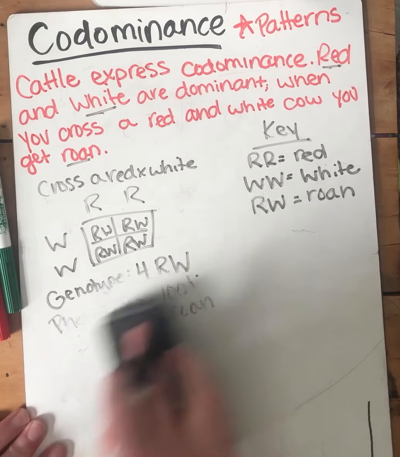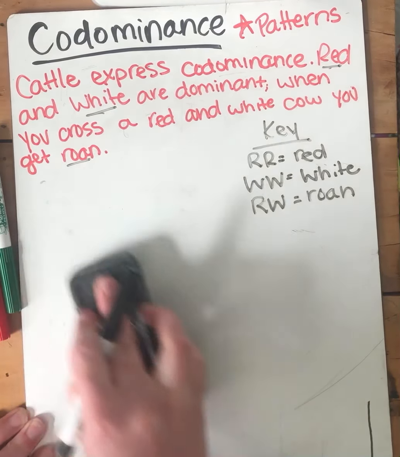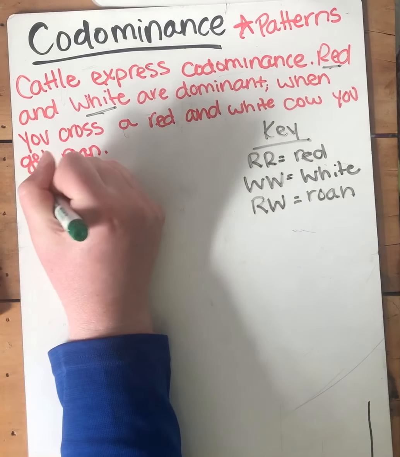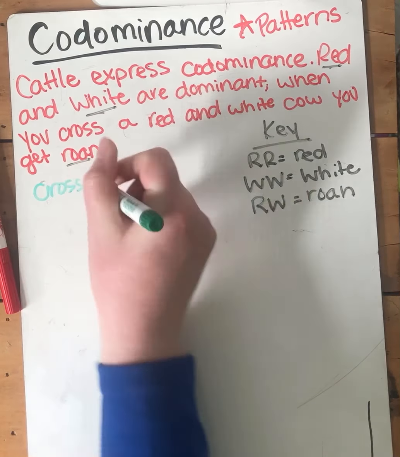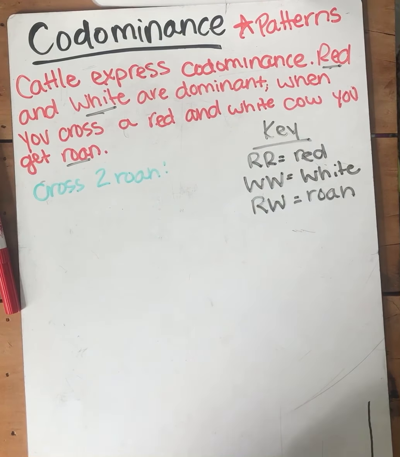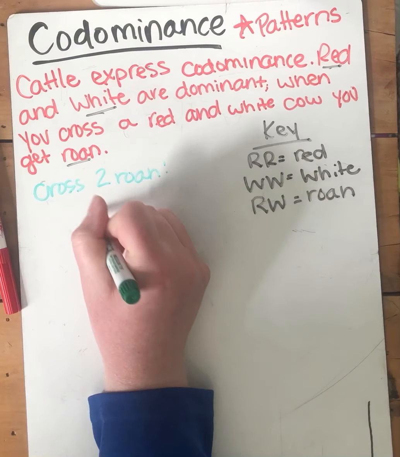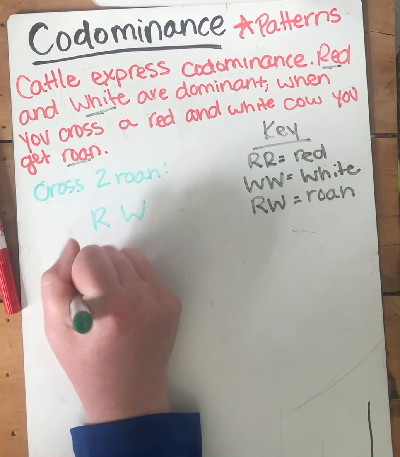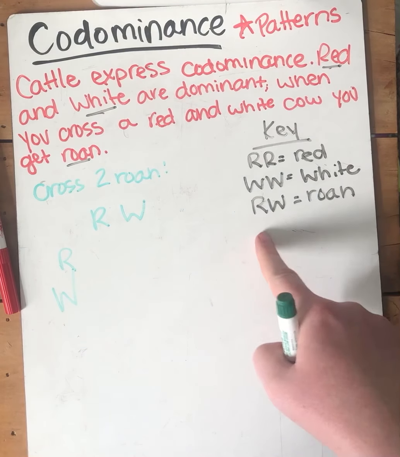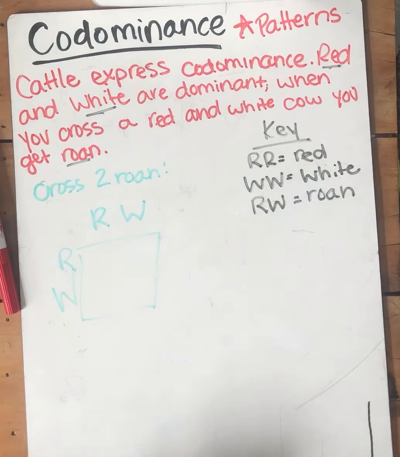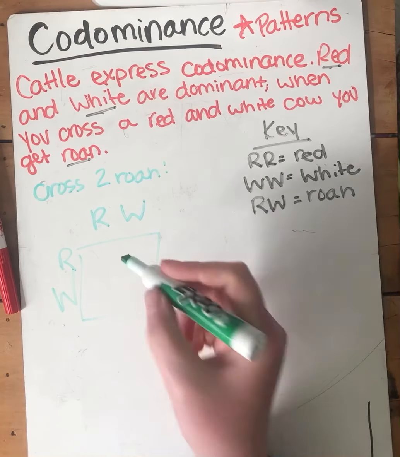Now let's say we wanted to cross 2 roan. So, I'm going to switch to green. So if we cross 2 roan cattle, you would have RW, RW, because keep in mind, according to our key, RW is roan. So if we were to do this Punnett square, my marker is dying.